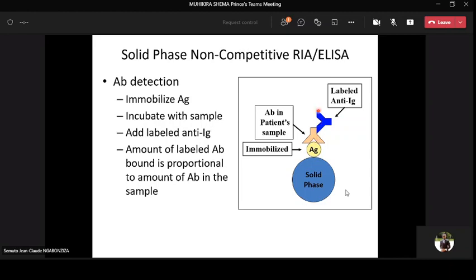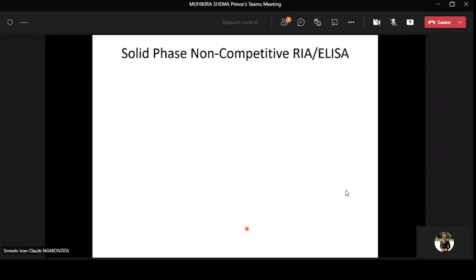And you can be able to see whether this is there or not. And presence of this means presence of this, because this one cannot bind on this. It requires this before binding. It can be quantitative as well.